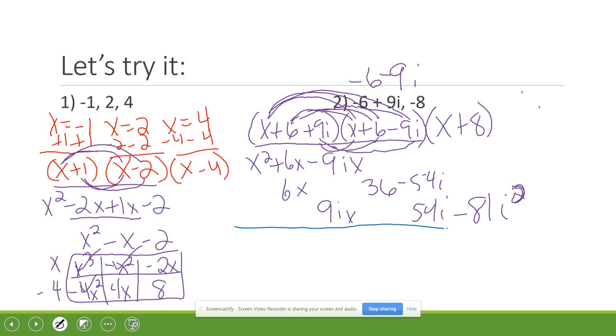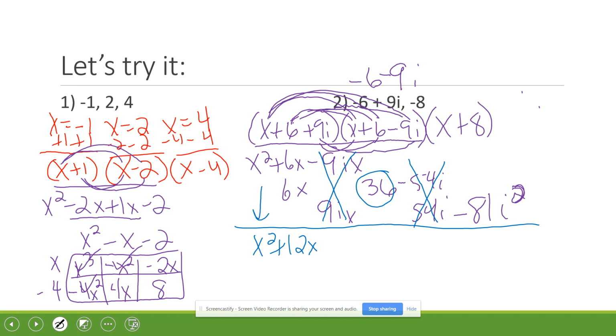Like terms. So I have x squared. 6x plus 6x is 12x. Negative 9ix plus 9ix adds to 0. I'm going to skip the 36 for a minute. Negative 54i plus 54i adds to 0.